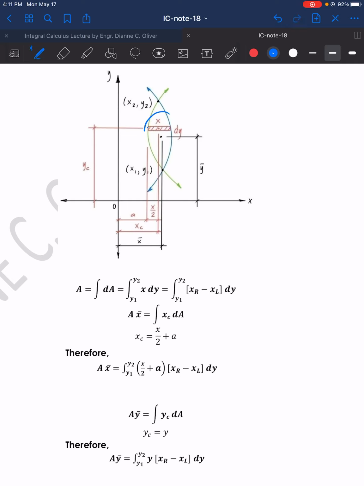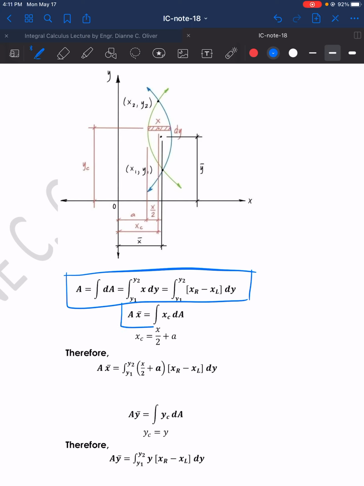To find the value of x here, we subtract the location here, which is the x right, minus the location here, and that is x left. So that's why we have this formula: area is equal to the integral of x right minus x left dy, y1 to y2.